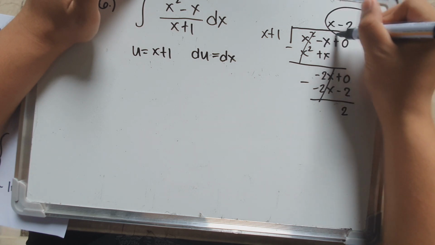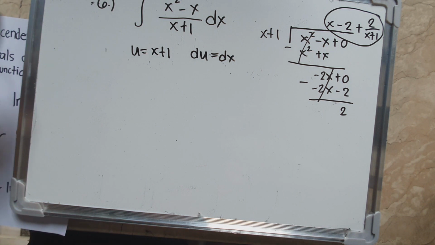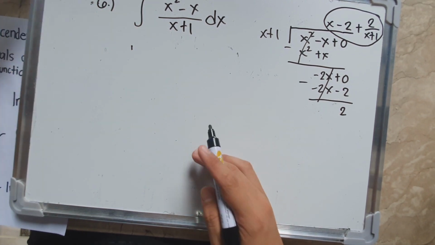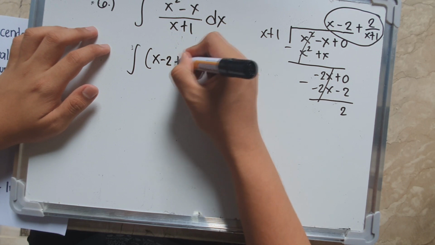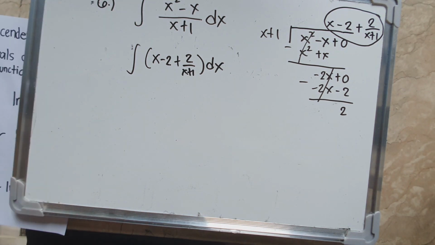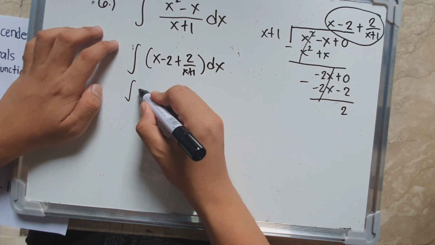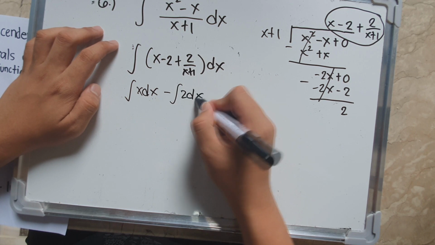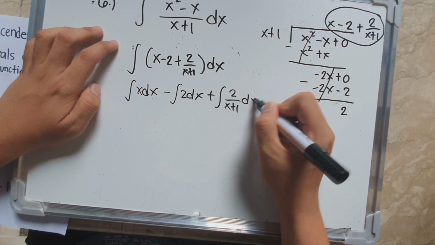So we will replace our original function with the integral of the quantity x minus 2 plus 2 over x plus 1 dx. Okay, distributing our integral symbol and the dx to all our terms: integral of x dx minus integral of 2 dx plus integral of 2 over x plus 1 dx.